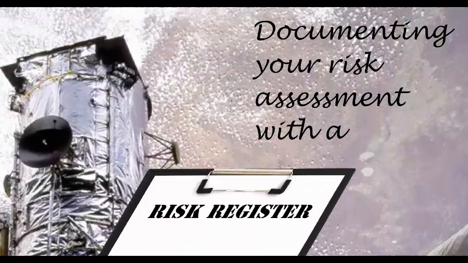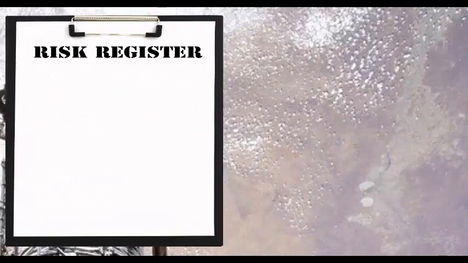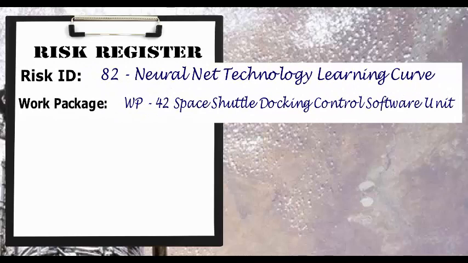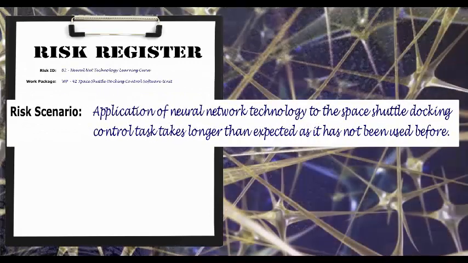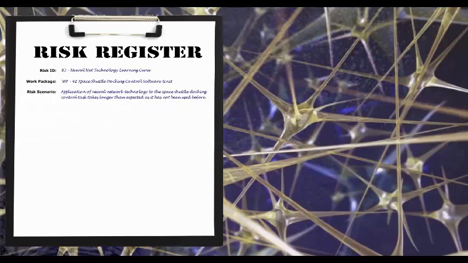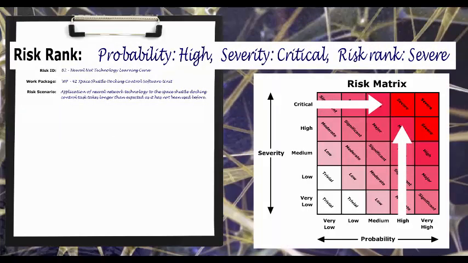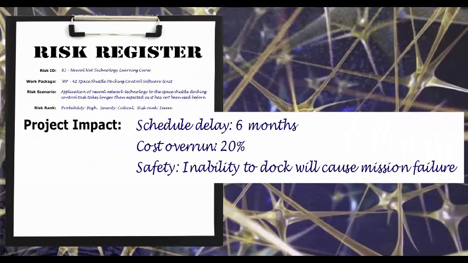The results of our risk assessment are recorded in a risk register. For each risk, we'll reference the work package activity, describe the risk scenario, document its probability and severity, and rank the risk using the risk matrix. Where possible, we'll quantify its impact on project cost, scope, schedule, quality, and safety.